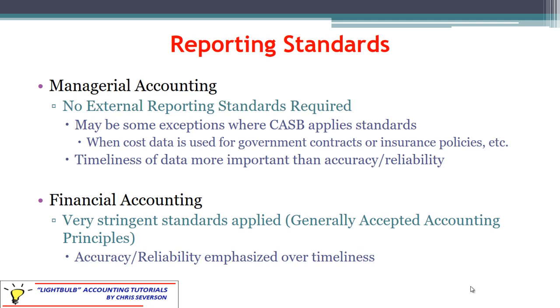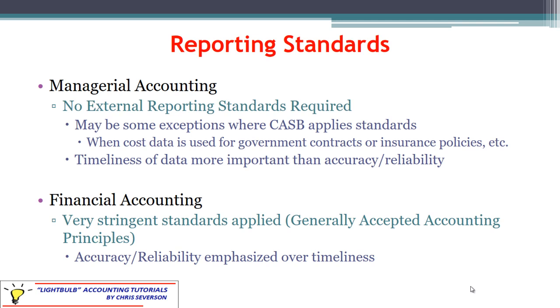If management themselves is using the information and it's never getting out to the public, there's really no need for any standards like that. The thought is that if management wants to lie to themselves, who are we to stop them? They're just hurting themselves. There's no incentive for them to lie.